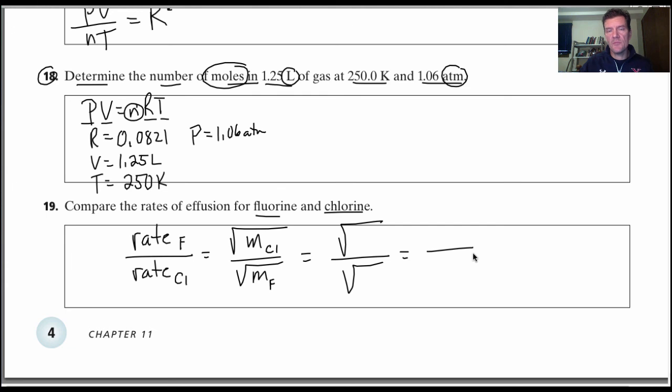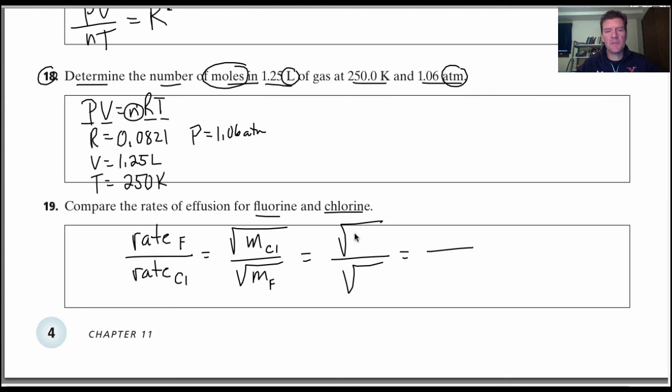Now, listen for a second. This number that you get, let's say, fluorine and chlorine. Chlorine is heavier. Let me just do something really quick here, and we'll check it. Look at the periodic table, and you'll find that the mass of chlorine is around 35.5.